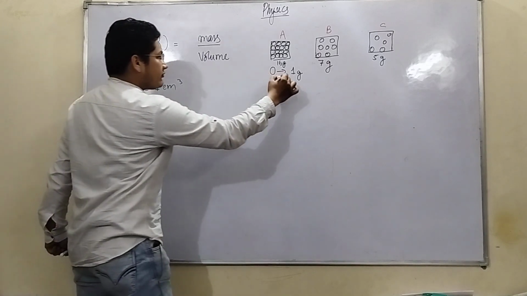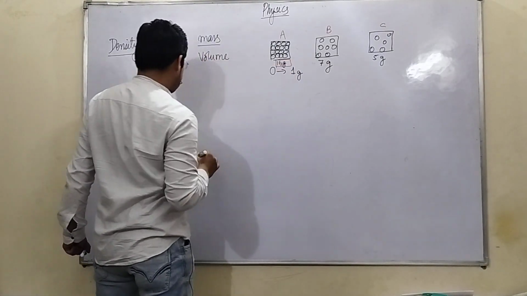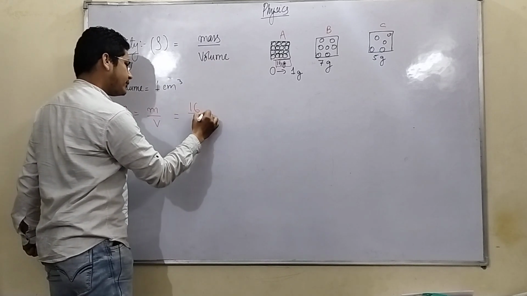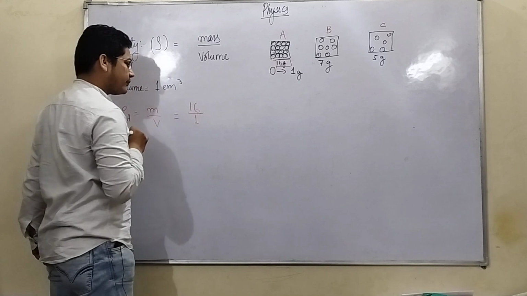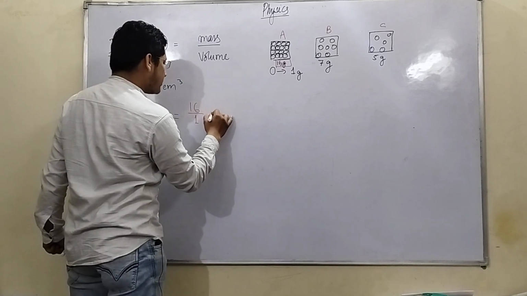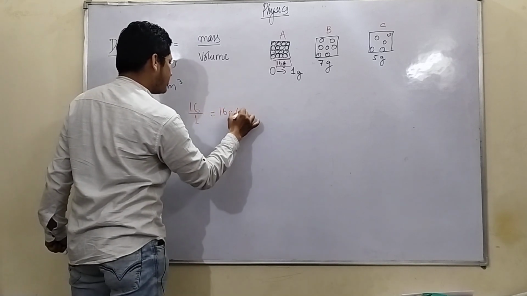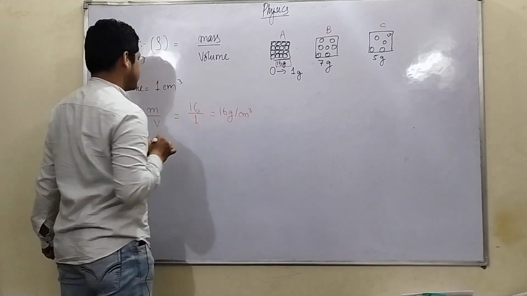And what is the mass of this box? 16 gram. And volume is 1. So what will come? 16 gram per centimeter cube.